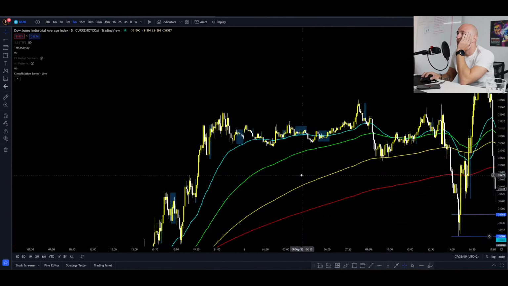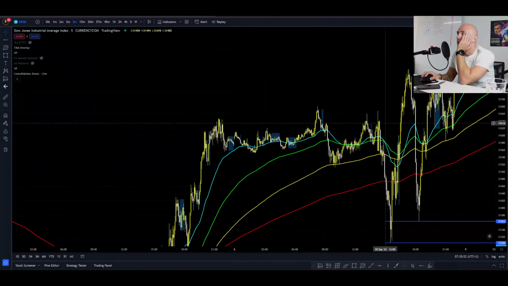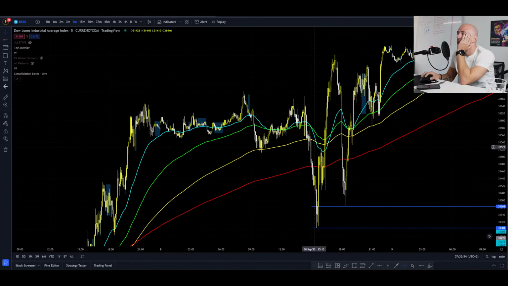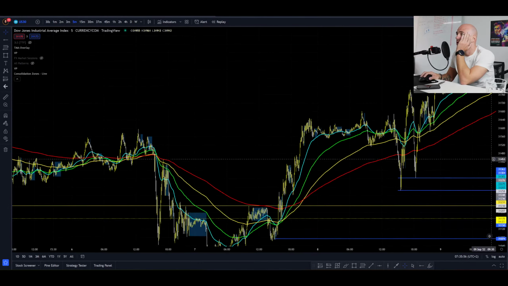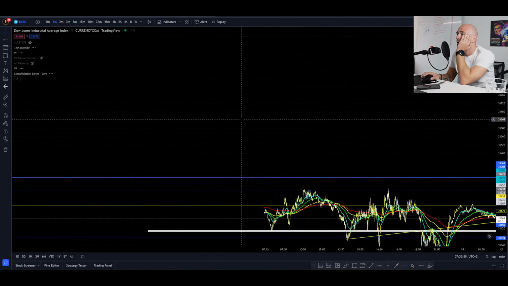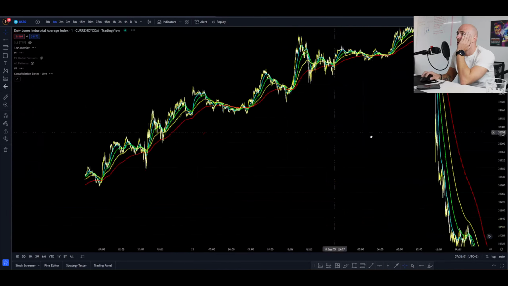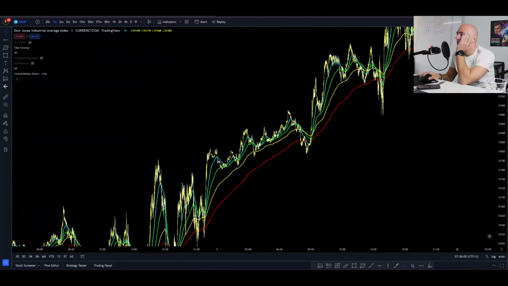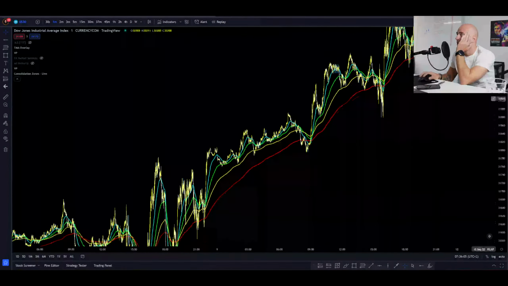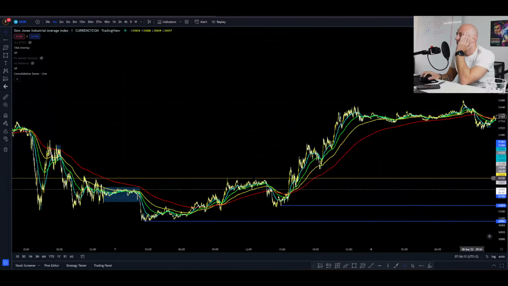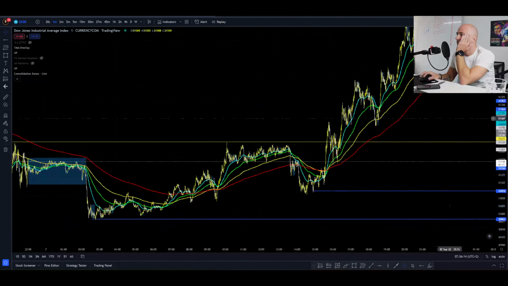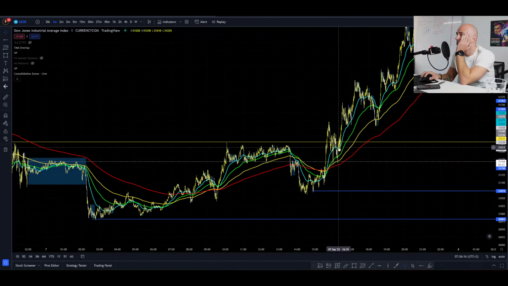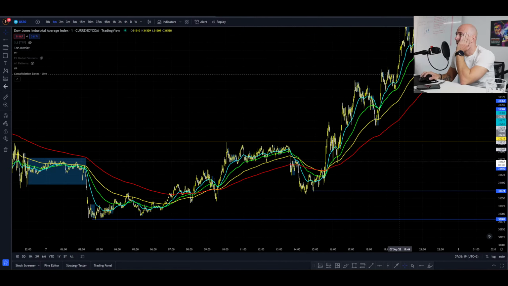This is when you wait for a nice uptrend. This kind of had some fuckery here, but you get the gist. That's why I like 1 minute. There's a lot more. MAs lined up, rejection off of 21, and you could have actually caught that move before the fuckery started.